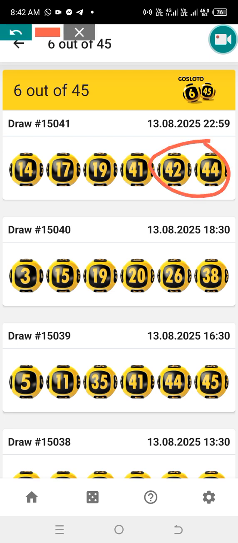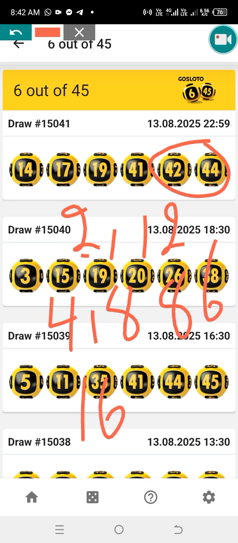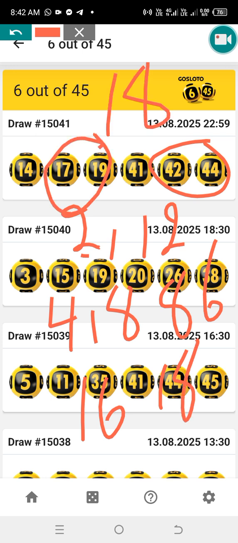When you do minus, you are getting 2. The nearby number of 2 is 12. And the 2 is 4 and the 8. Right? So then when you do plus is 86. 86, which is 16, 18. Here there is a skip 18. You play that 18. Right?